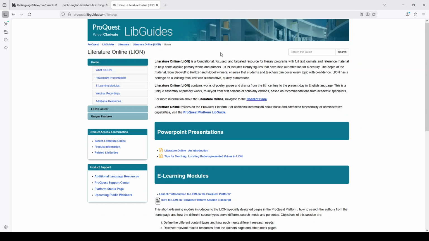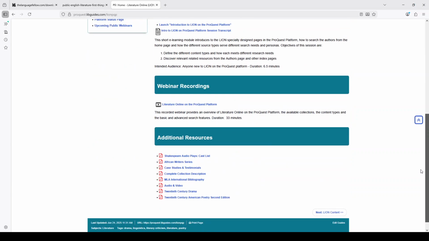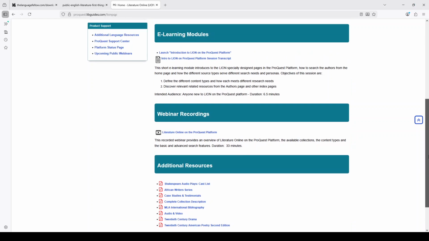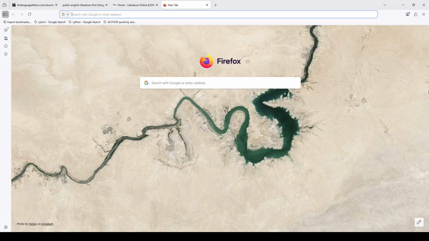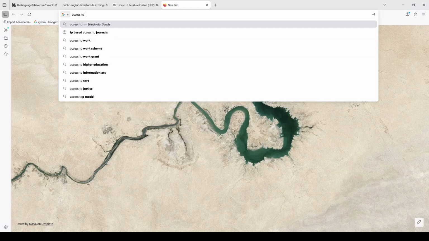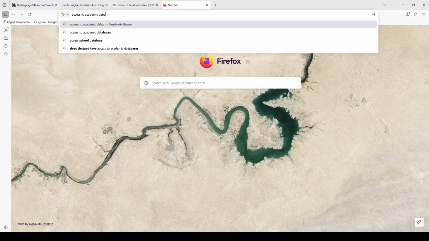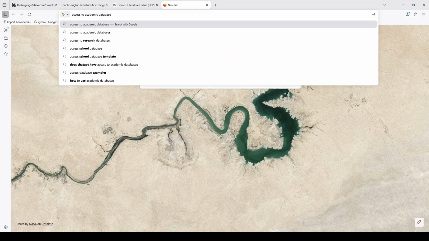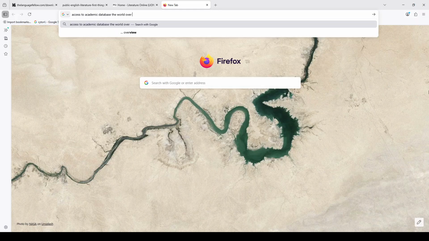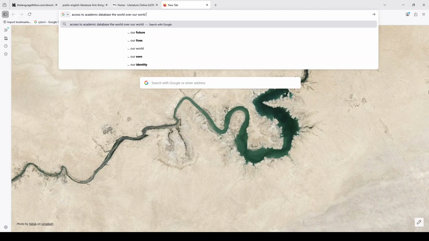So literature online is again access based, and you could go into the debates about access as it is available in the access to academic databases the world over, Our World in Data.